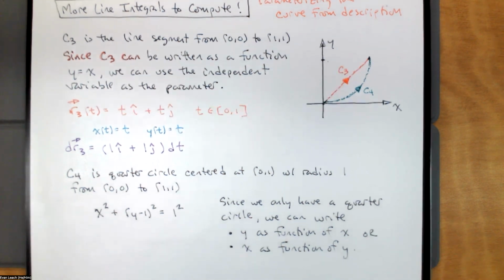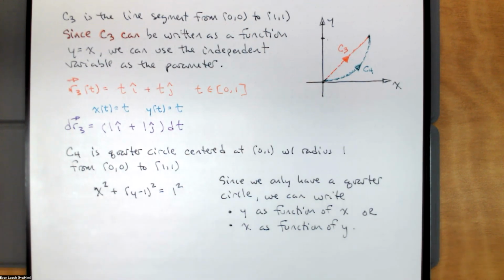Y as a function of x, then use x as the parameter, or x as a function of y and use y as the parameter. If you're thinking that we should be using sines and cosines, yes, absolutely. We can also use polar coordinates. That's going to be more for us.